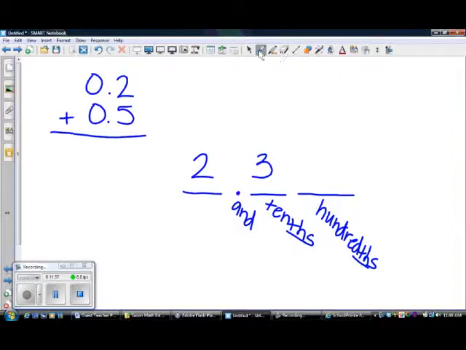Okay? But let's change it up. What if we had this number? You would say 2 and, now since there are no tenths, you don't even have to say them. You would just say 2 and 7/100.